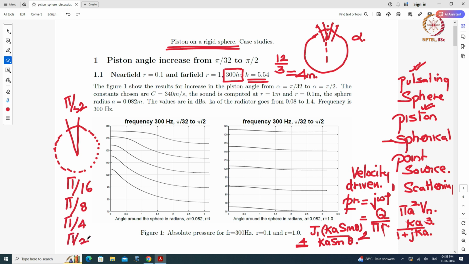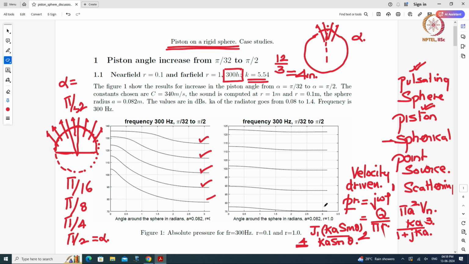By the time the half angle is pi by 2, I have covered half the rigid sphere. This much of the sphere is actually vibrating. So I am increasing the angular extent of the piston. Alpha first case is pi by 32 and it increases till pi by 2. So this is pi by 32, this is pi by 16, pi by 8, pi by 4, pi by 2. Similarly on this side.